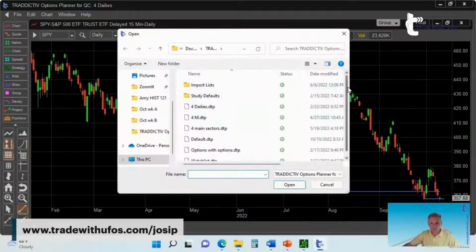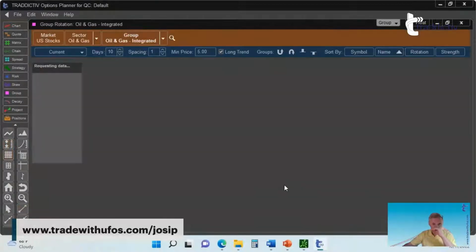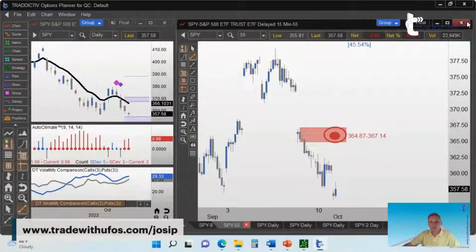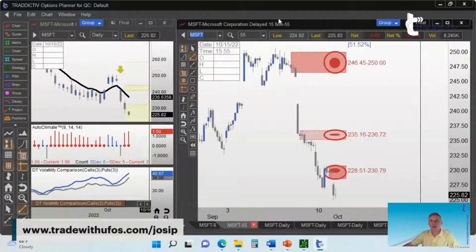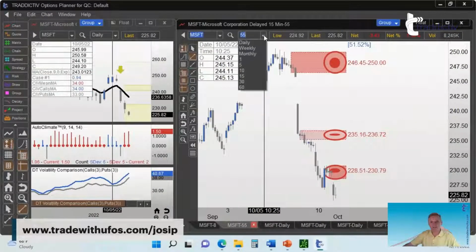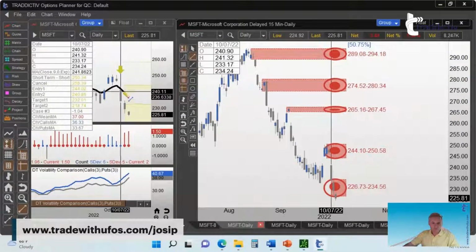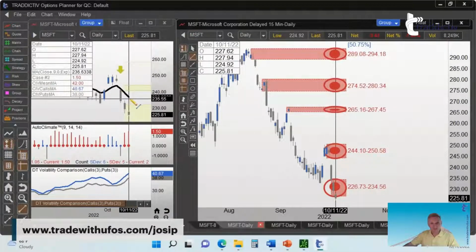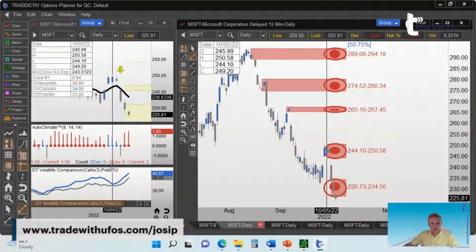So what I'm going to do right now is go to my settings for daily on Microsoft. When I'm here on a daily, I'm going to observe what is going on. Obviously we have a 9-day exponential moving average that's been going down.